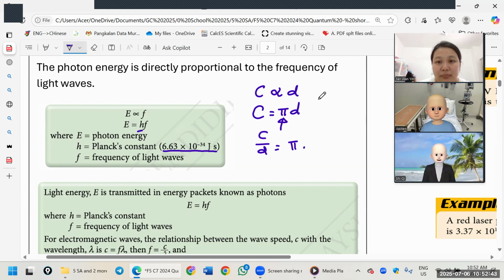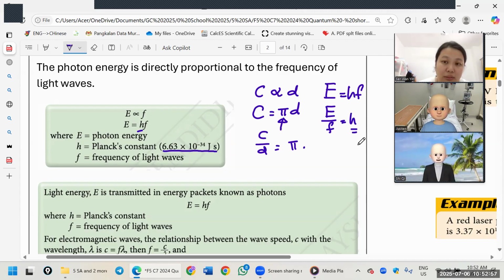This one is the same: E over f. E equals hf, so E over f equals the constant h. No matter what color of light, the energy divided by the frequency always gives the same constant.